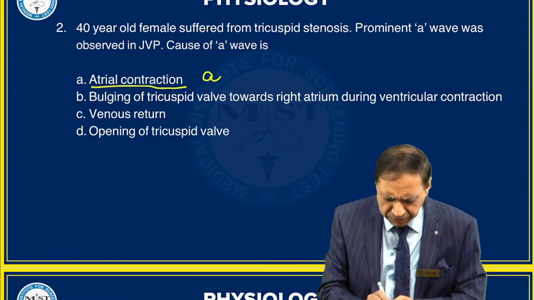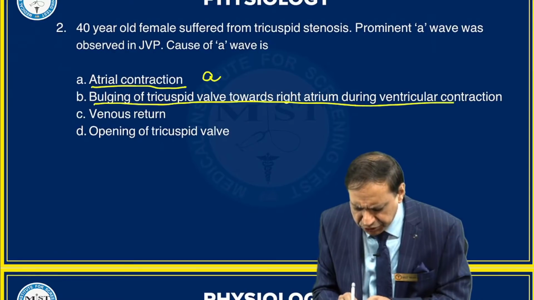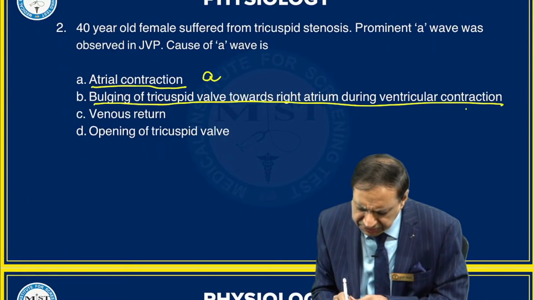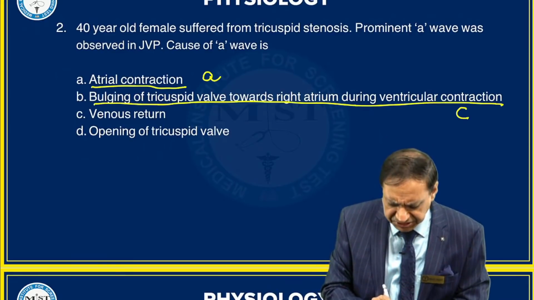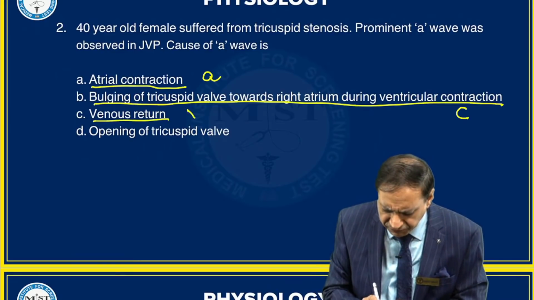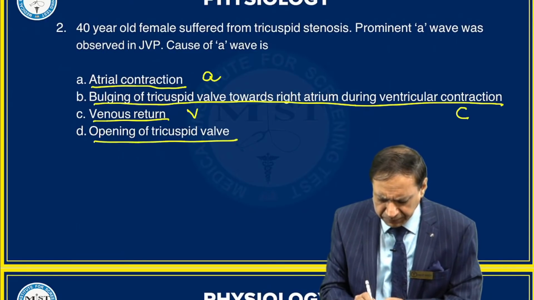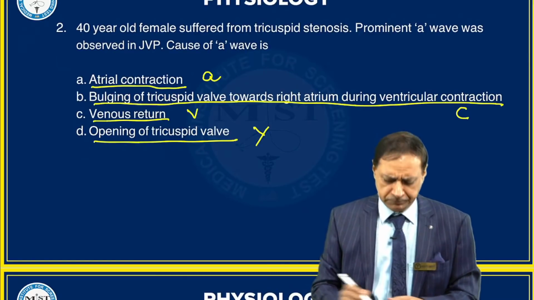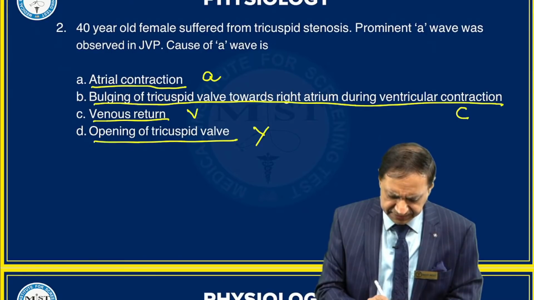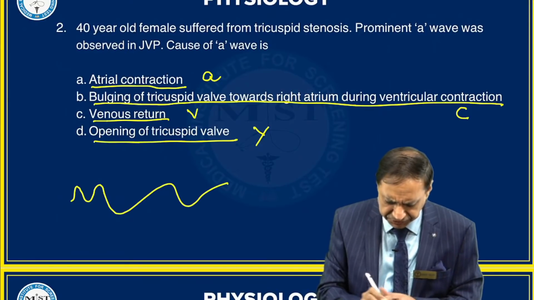The bulging of the tricuspid valve towards the right atrium during ventricular contraction is the C wave. Venous return will lead to the production of V wave. Opening of the tricuspid valve will produce Y descent. It is like this: A, C, X, V, Y. These are the wave patterns.